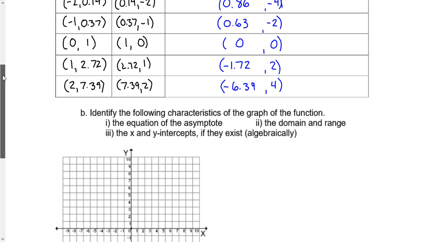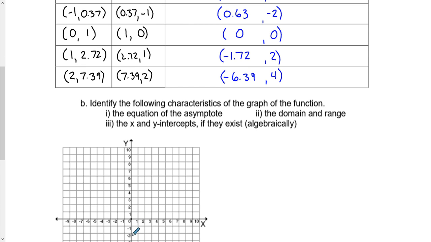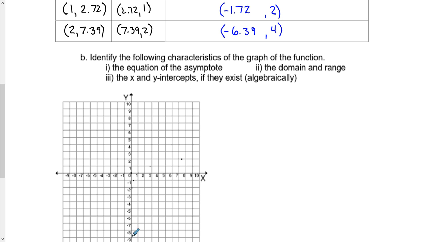So 0.14, -2 would put us there. 0.37, -1, about there. 1, 0. 2.72, 1. 7.39, 2, and our ln x function looks like that. So again, that is y equals the ln of x.